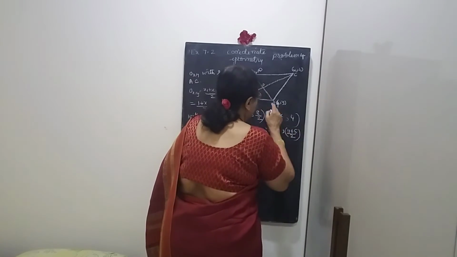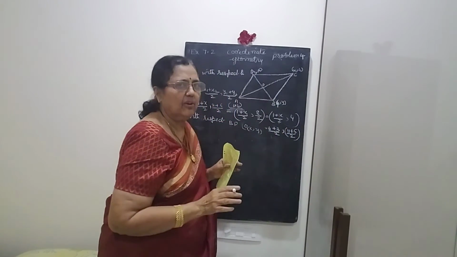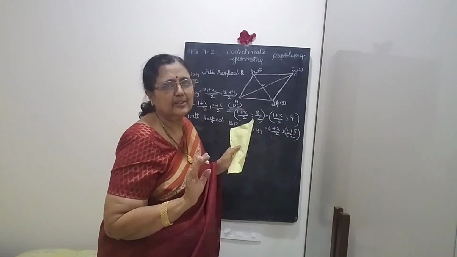Now if the midpoint is having the coordinates, this side or that side, they should be equal.